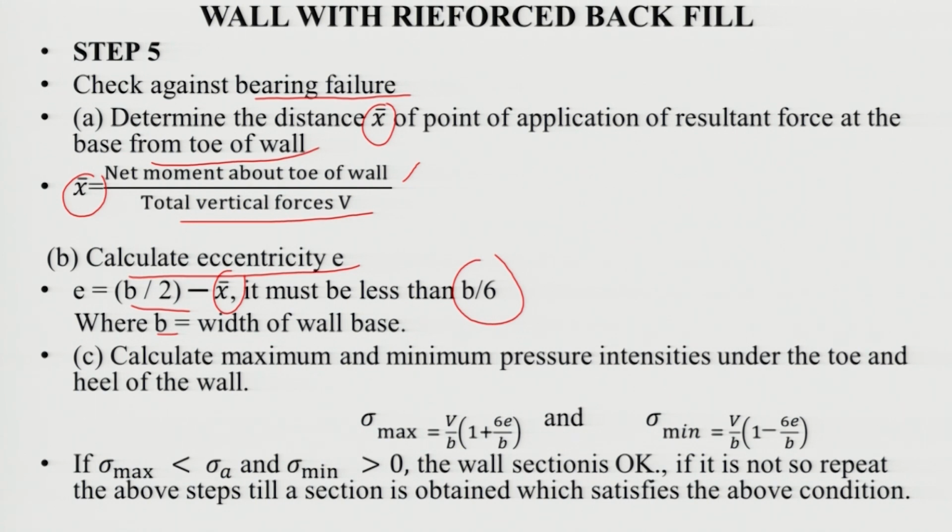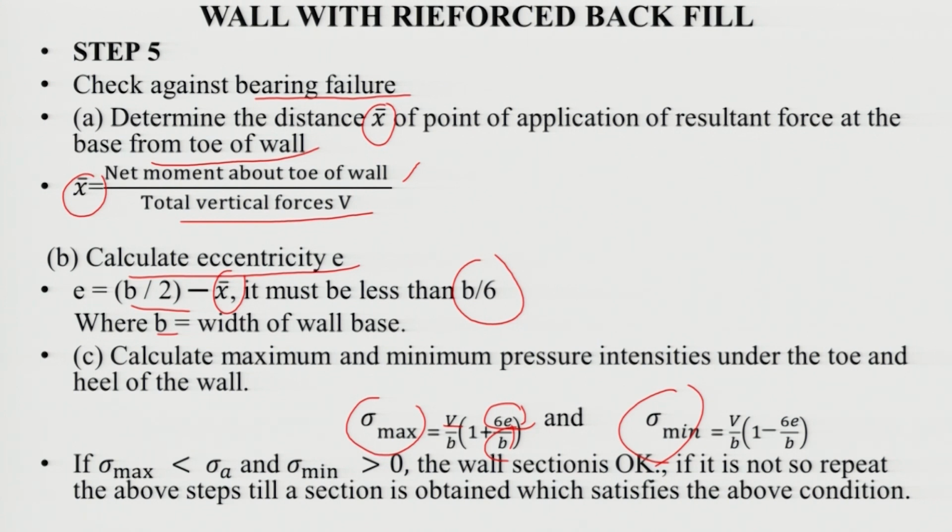Now calculate the maximum and minimum pressure intensity under the toe and the heel of the wall. So sigma max will be equal to V divided by B into (1 plus 6e by B), where e is eccentricity and B is the base of the wall, and sigma minimum will be V by B into (1 minus 6e by B).